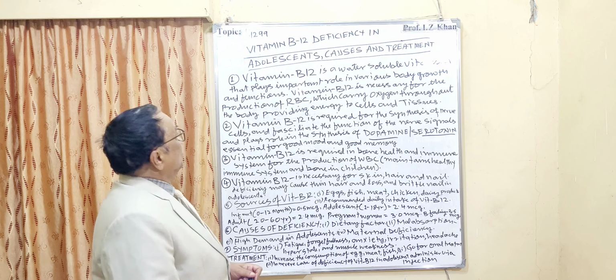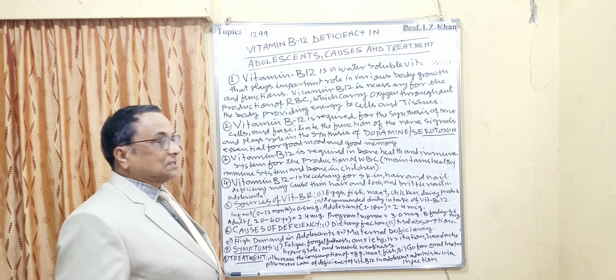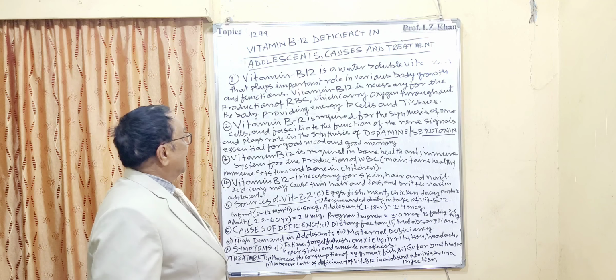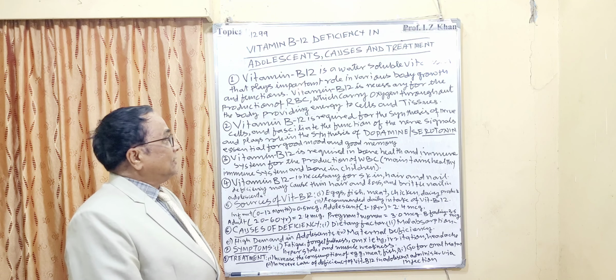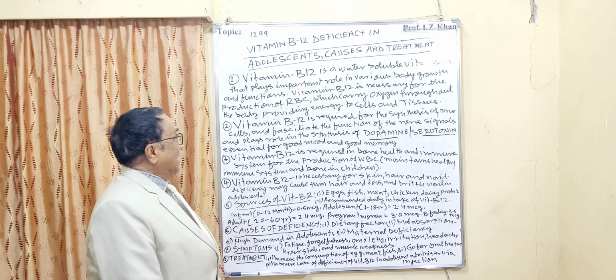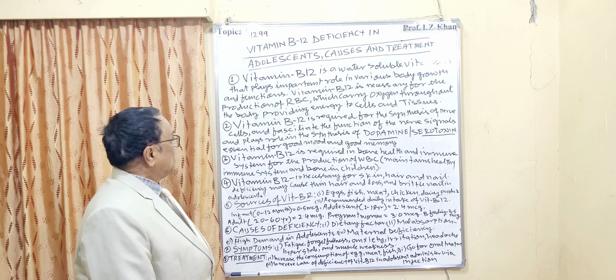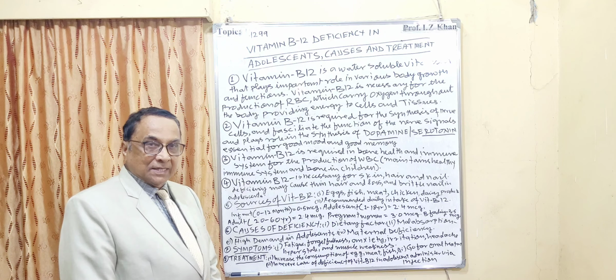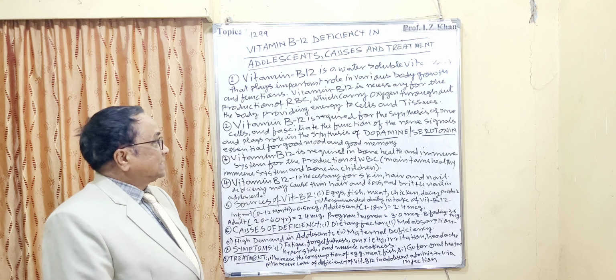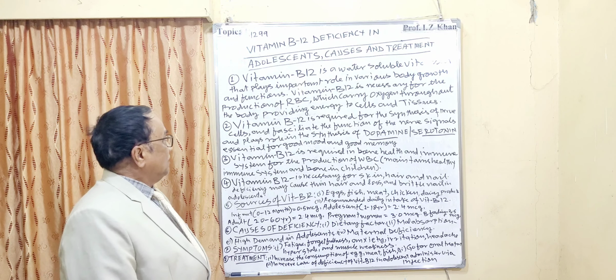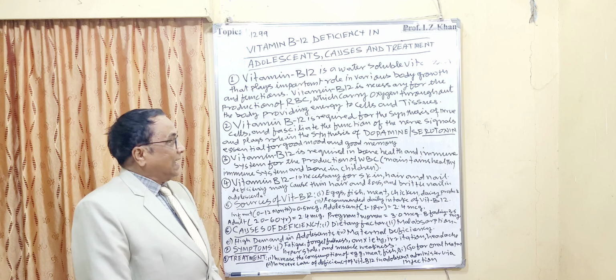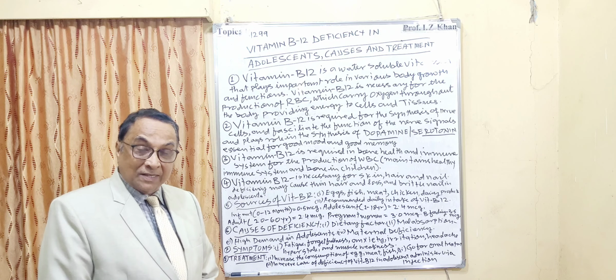Number one, vitamin B12 is a water-soluble vitamin, and it plays an important role in various body growth and functions. Vitamin B12 is necessary for the production of red blood cells, that is called RBC, which carry oxygen throughout the body, providing energy to cells and tissues, which are very important for children.